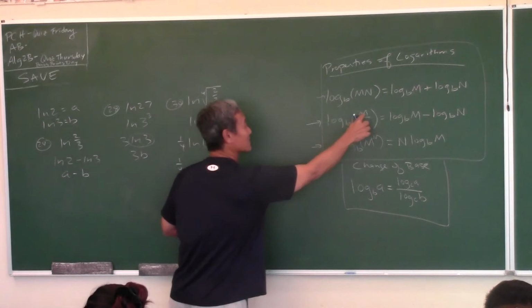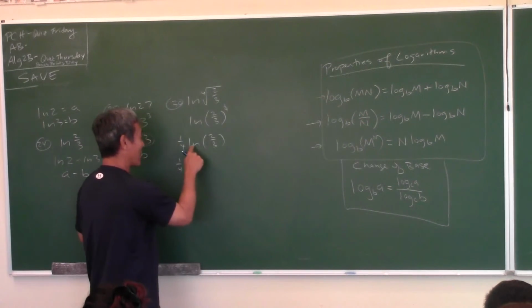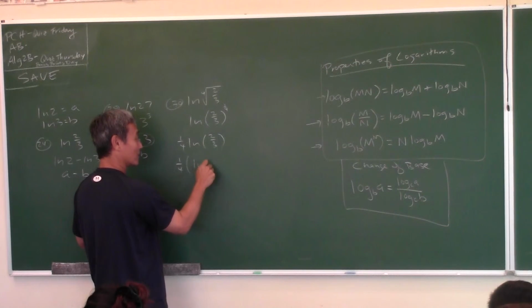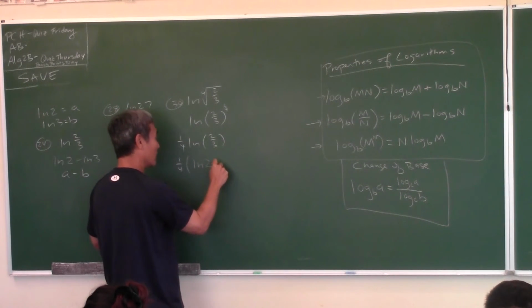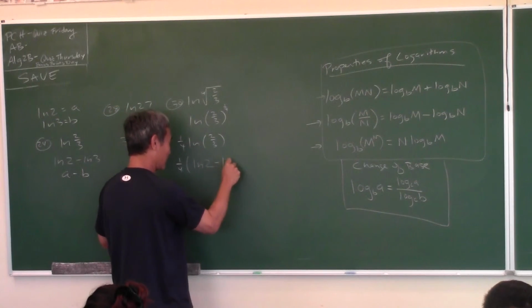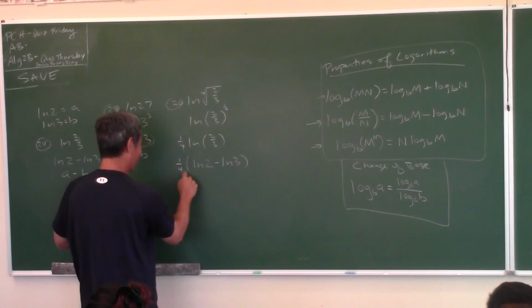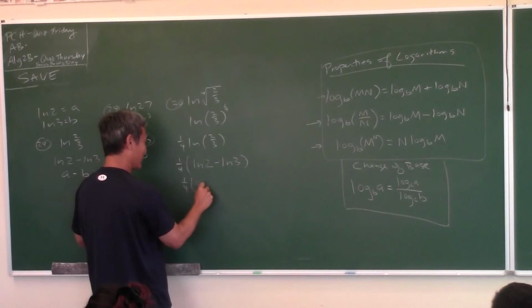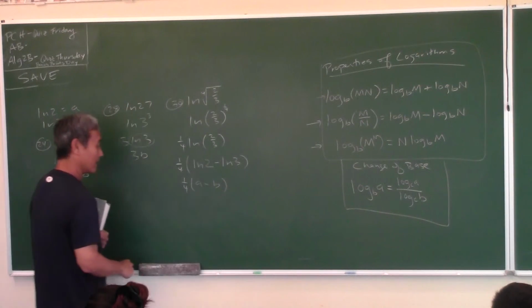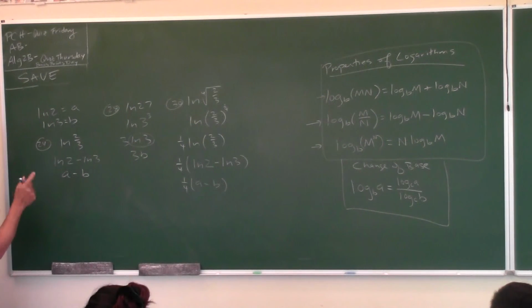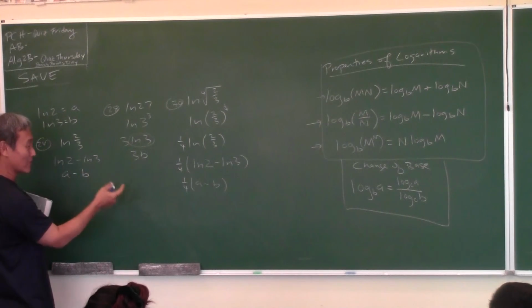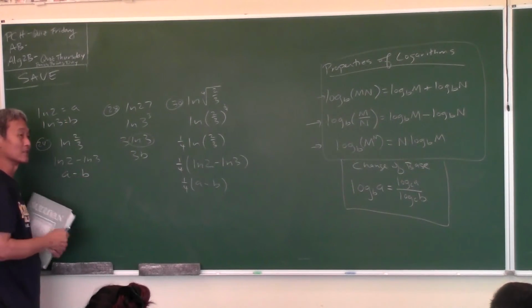Well, that's like this one, right? So when you have natural log of m over n, that's the same thing as natural log 2 minus natural log 3. That's A and that's B. So your final answer will be 1/4 (A minus B). So you have to manipulate it so that you just get natural log 2s and natural log 3s, so you can substitute A and B for it.